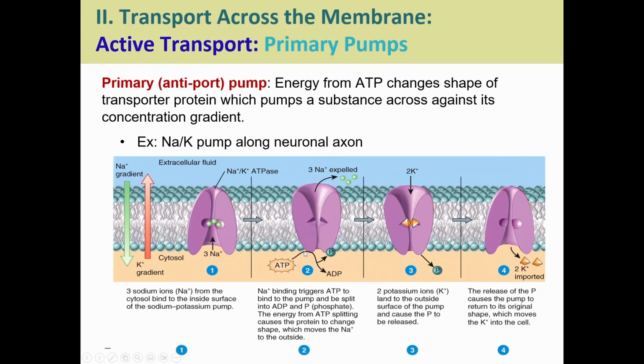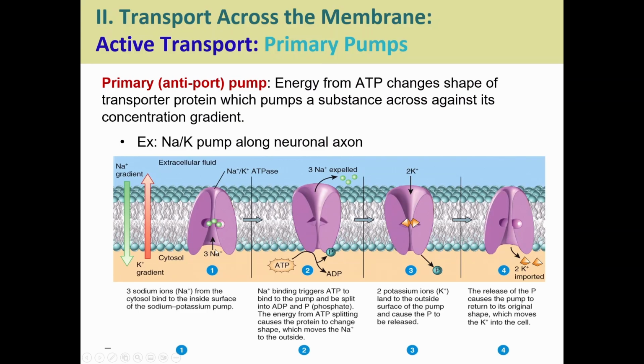We have ATP that's going to cause a change in the shape so that we can open up the gate on the other side to push that sodium out. And now potassium can be brought in, right? We lose the phosphate, so we dephosphorylate. We change back to our original shape so that the potassium is brought inside.